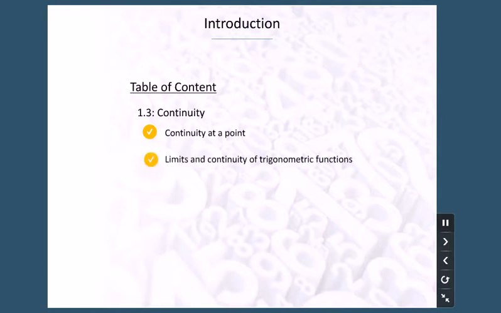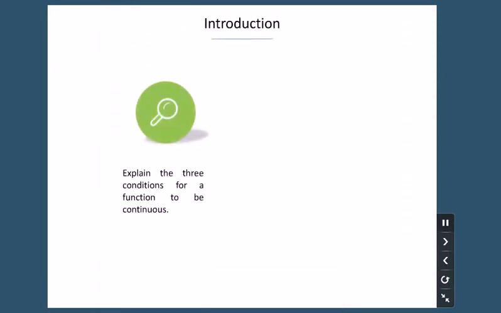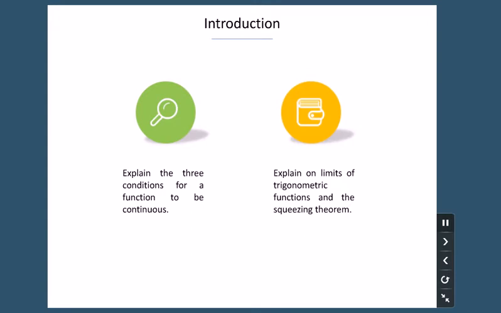Table of content. 1.3 Continuity. Continuity at a point. Limits, and continuity, of trigonometric functions. Explain the three conditions for a function to be continuous. Explain limits of trigonometric functions, and the squeezing theorem.